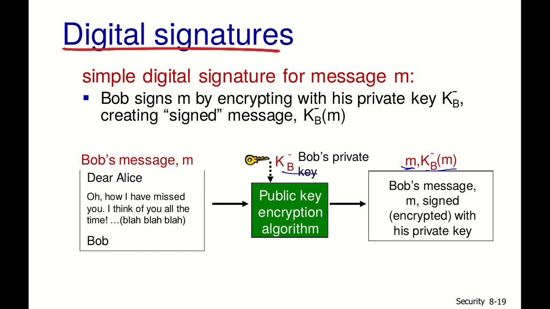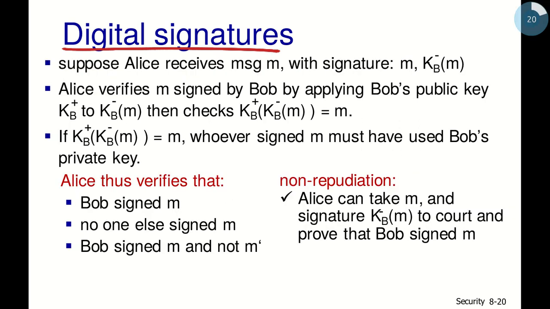Now on the receiving side, Alice receives both the message and the signature, and Alice can verify the signature and the message by using Bob's public key, and checks whether it matches. If the signature matches the message, then Alice can be sure that it is Bob that signed the message and no one else, and also that Bob signed the message M and not M prime.